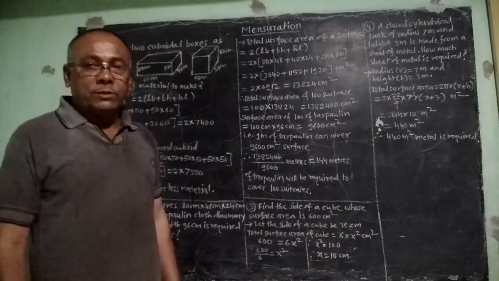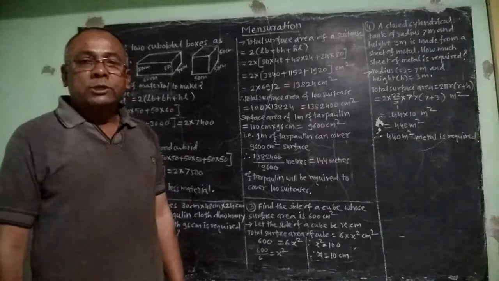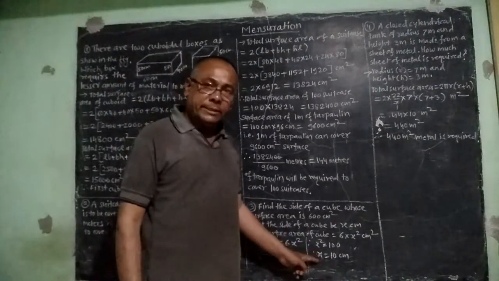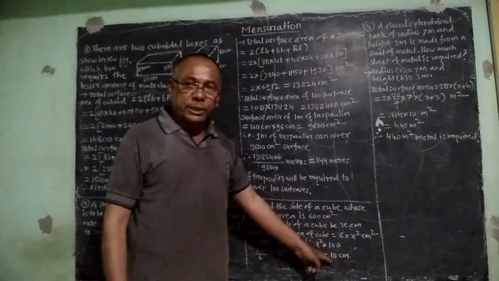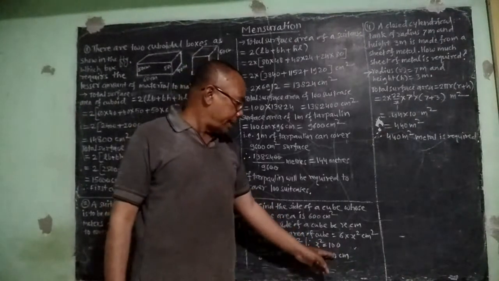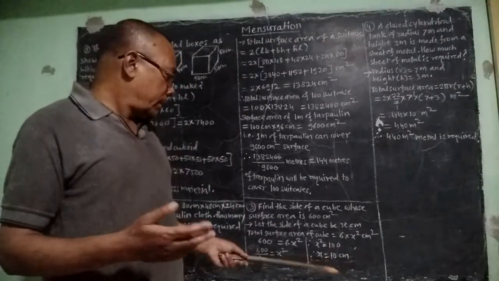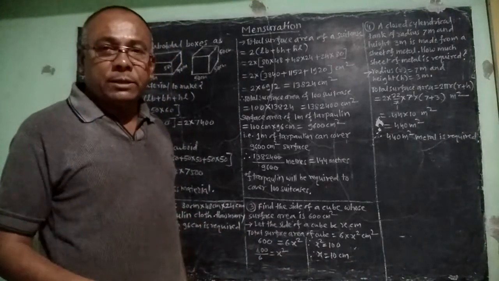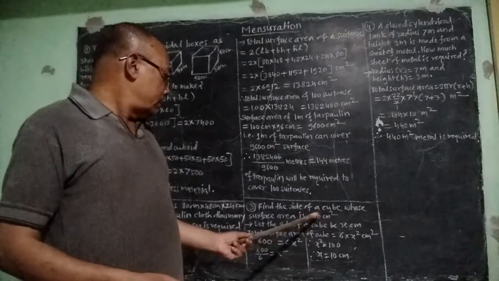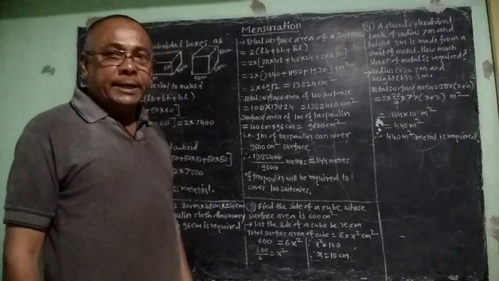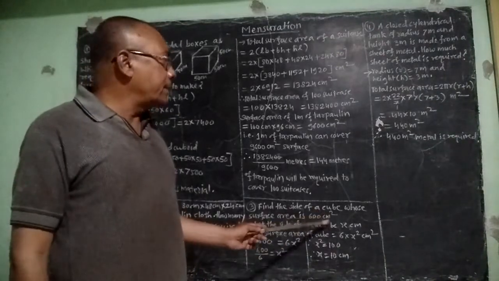To find the value of x, we have to take square root on both sides, and therefore square root of x square is x and square root of 100 is 10. So x is equal to 10 centimeter, and therefore the side of the cube is 10 centimeter whose total surface area is 600 centimeter square.